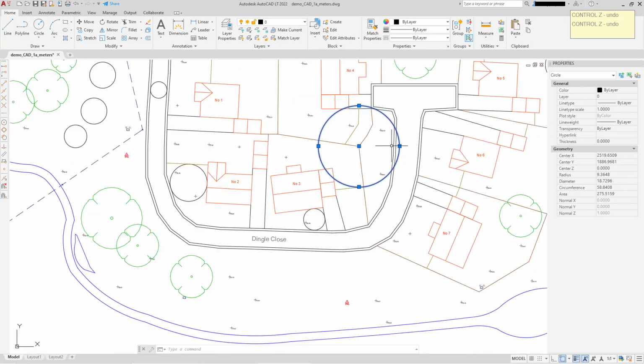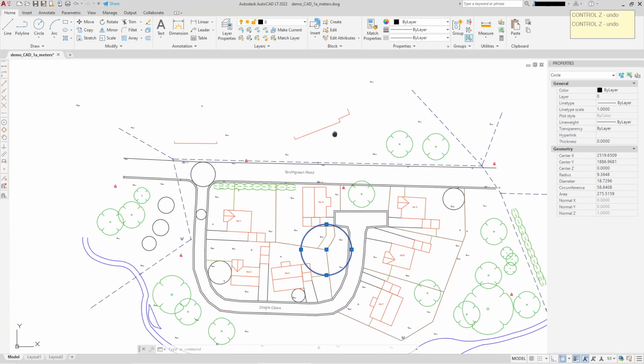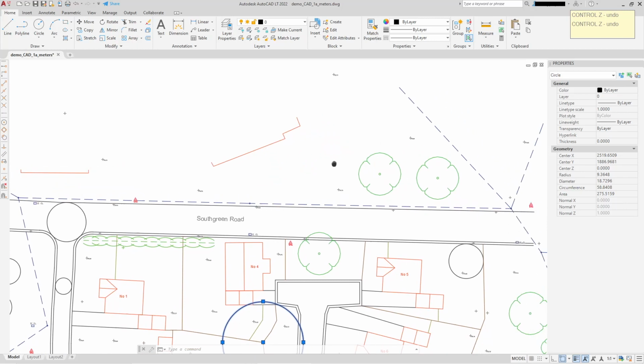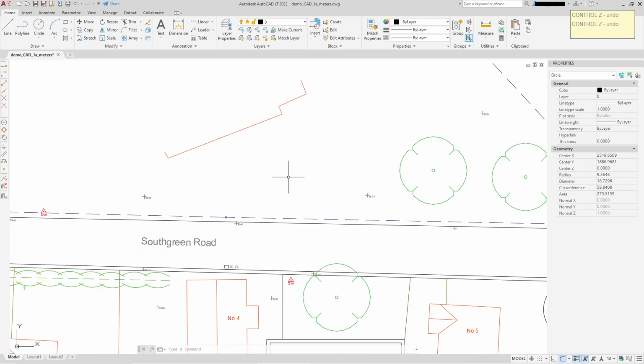But its most useful function for setting out is triangulation. If, for instance, I'd received this topo survey and was out on site surveying all these trees, and there's a tree here but it's not shown on the drawing, so I need to position that when I get back in the office.